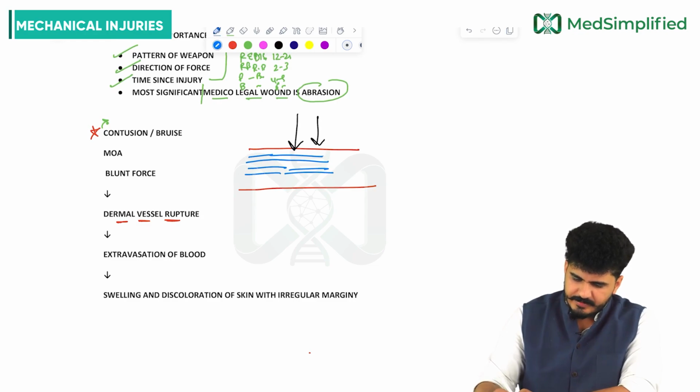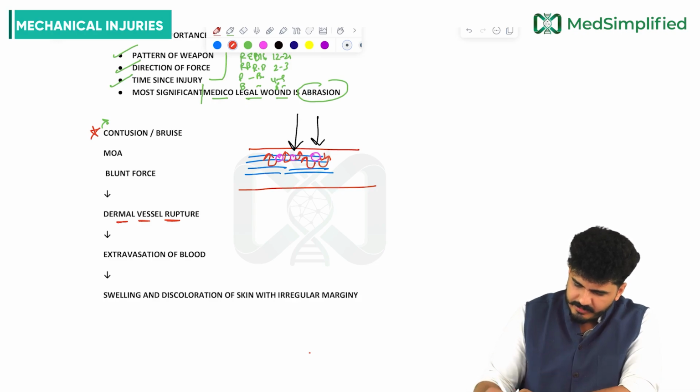Skin is intact, but these vessels got injured, and after injury the blood started leaking out, and that blood got collected just under the skin in this area.